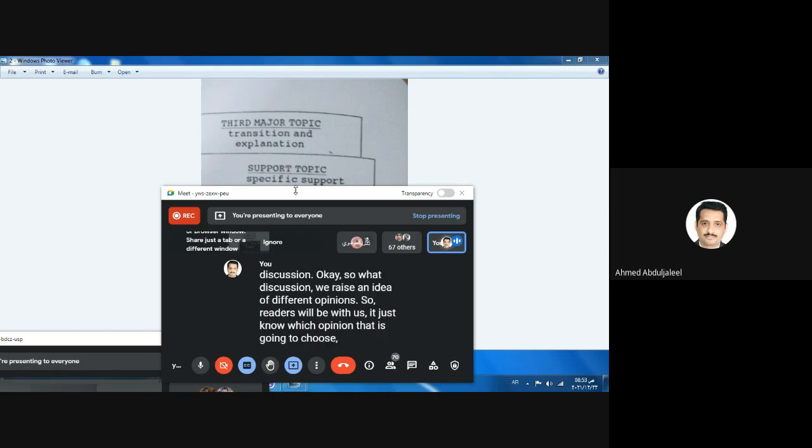The reader will read more and more in the research just to have a stand. So this is again another motivator. We have two motivators: background or opposing ideas. Is that okay?